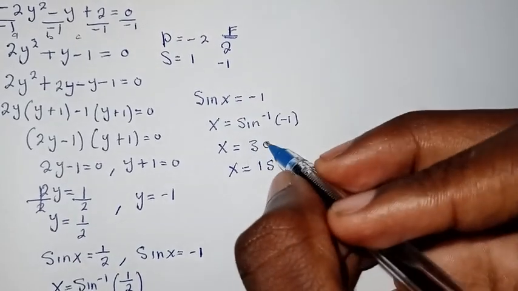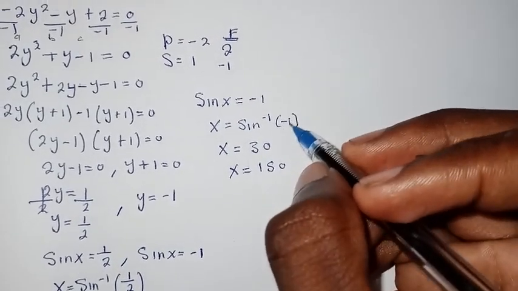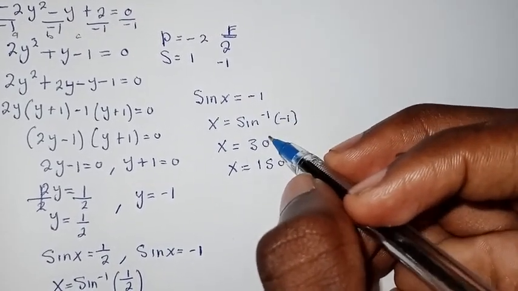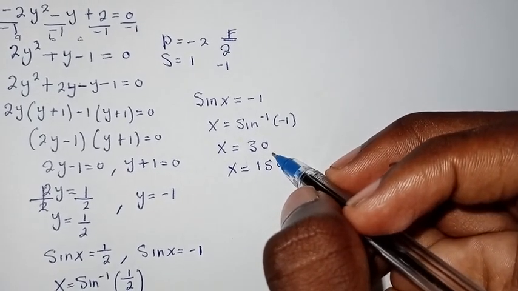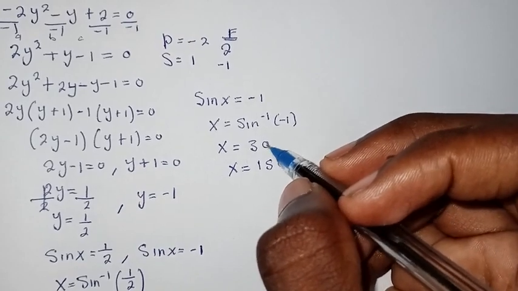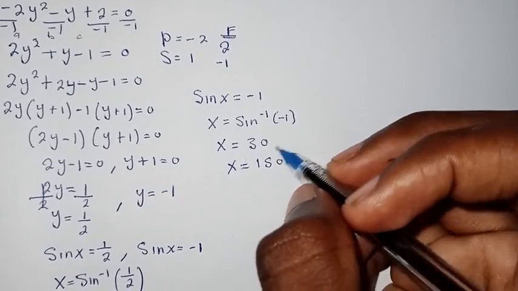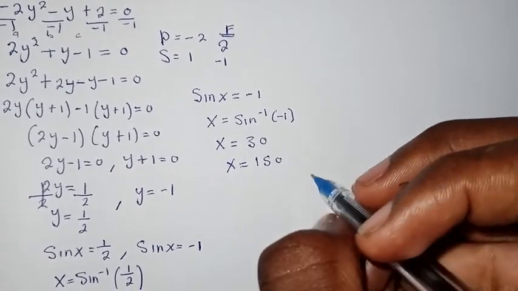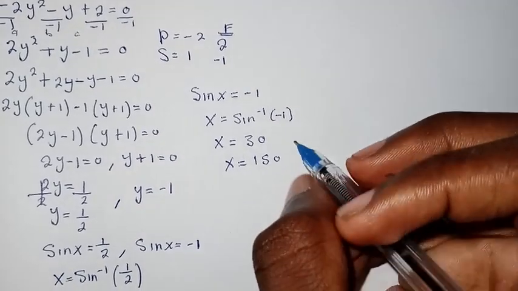This must be subtracted from 180 because we know that it's in a quadrant where sine is negative. And of course, in a quadrant where sine is negative, you are simply subtracting 180 minus this 30, and it's going to give you 150.